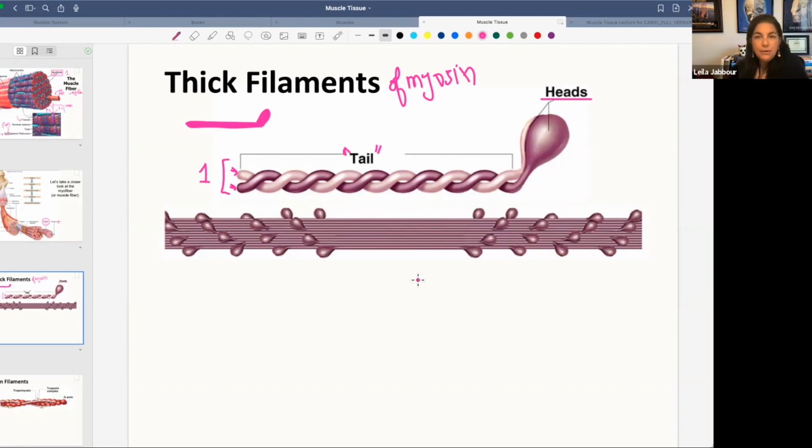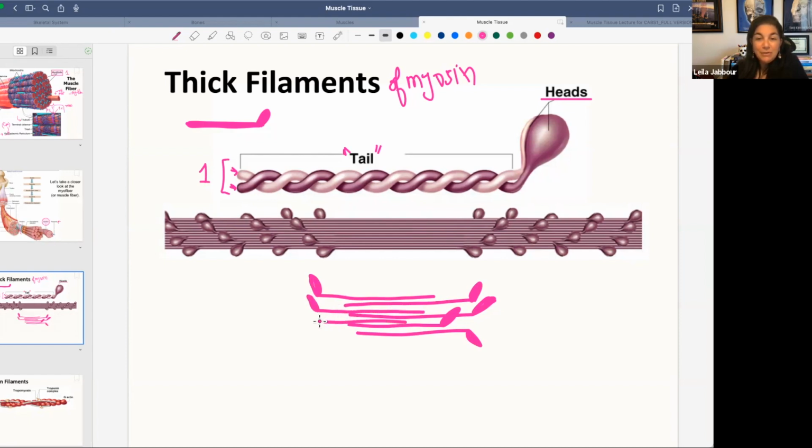These myosin filaments, thick filaments of myosin, are laying next to each other, faced by their tails. So I give the analogy of a slumber party, and everybody's in their sleeping bags. It's a very tight space, and we have a lot of friends coming over.